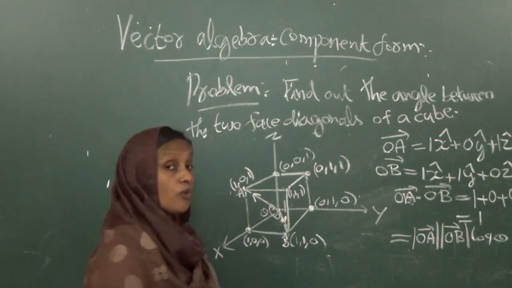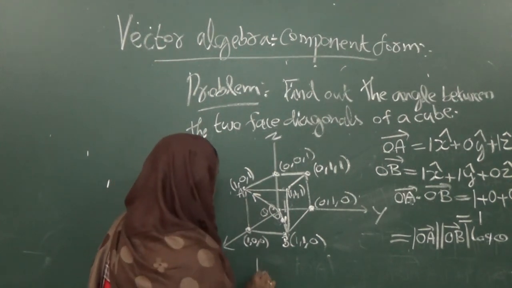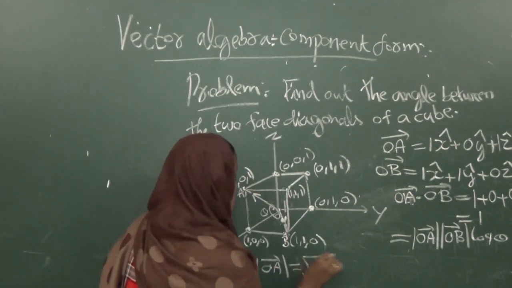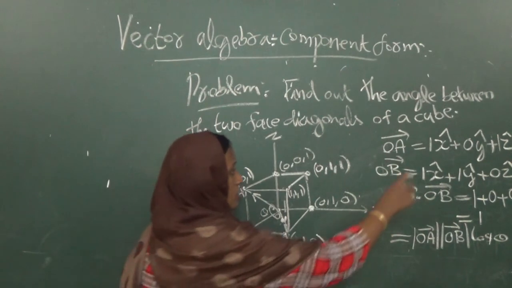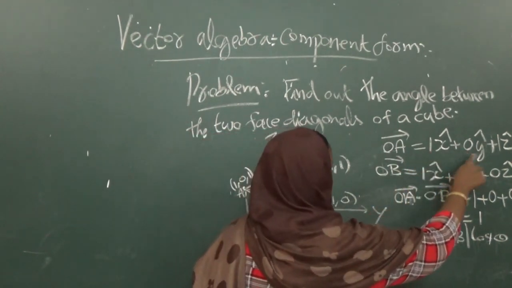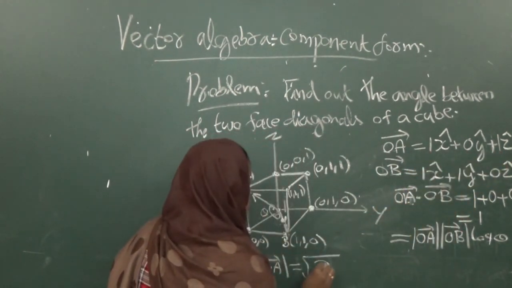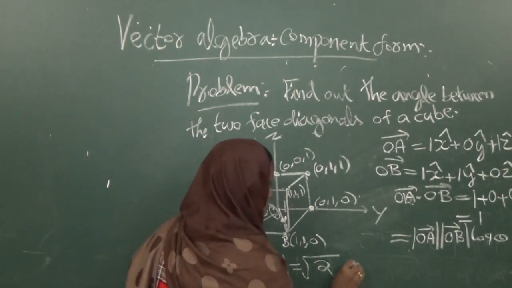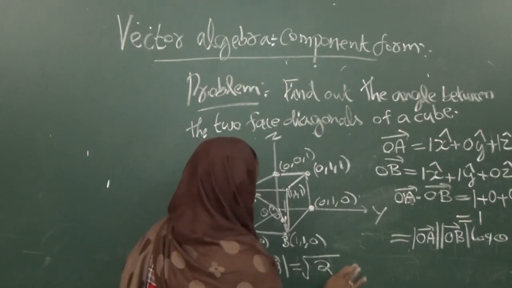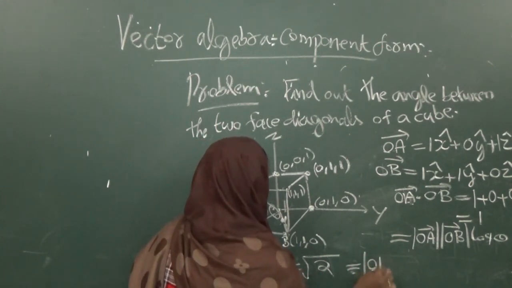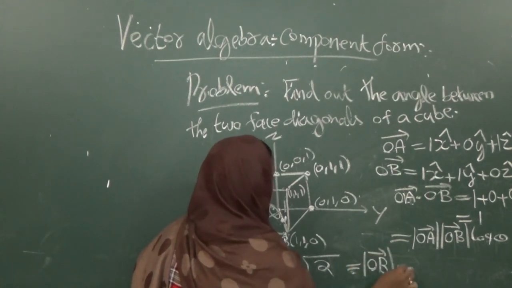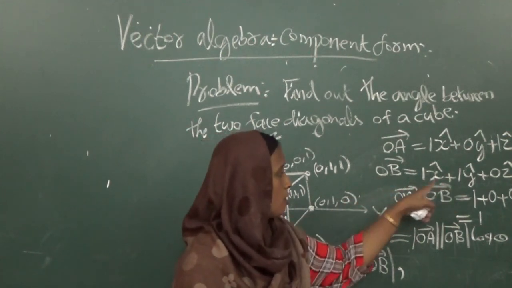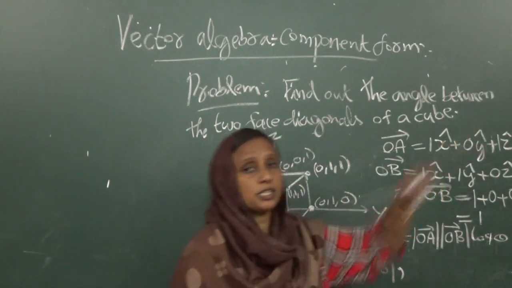Now what is mod OA? Mod OA equals the square root of 1 square plus 0 square plus 1 square, so square root of 2. Similarly, you will get mod OB also as root 2, because mod OB is 1 square plus 1 square plus 0 square.